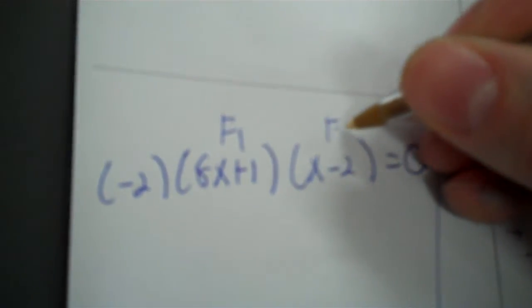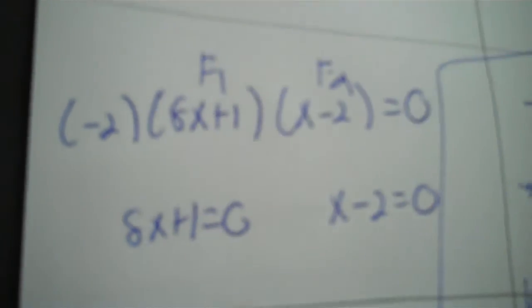You don't need the 1. Just go to x minus 2 equals 0. Okay, I don't care about that. It doesn't have an x. I put it there because that's standard protocol, but F1, F2 are my 2 I use to get the roots. So 8x plus 1 equals 0, x minus 2 equals 0.